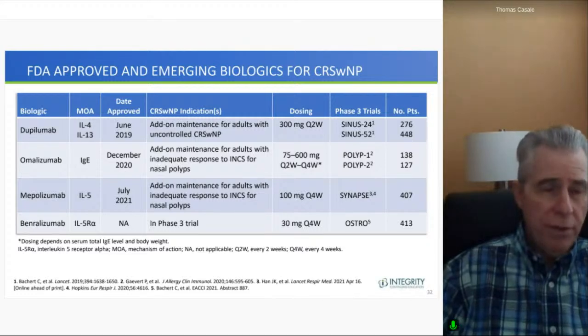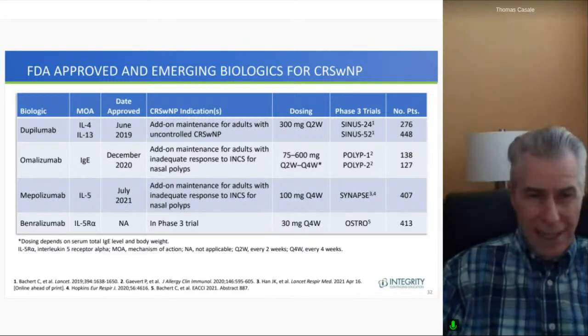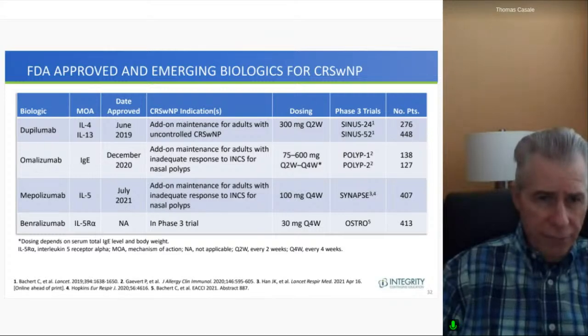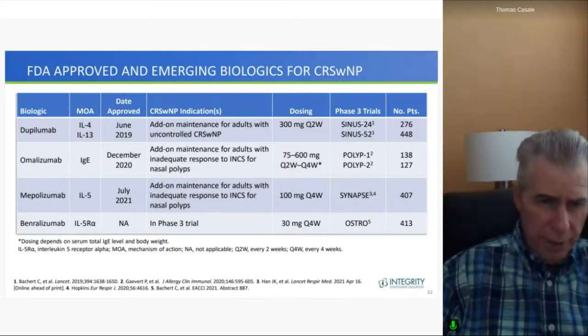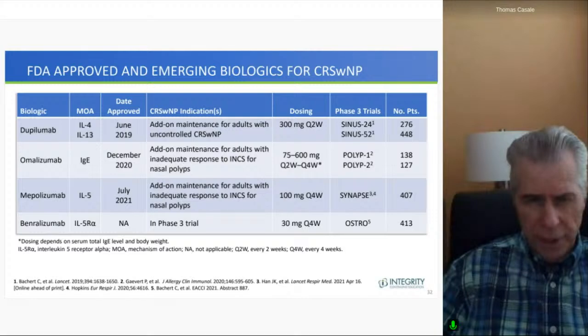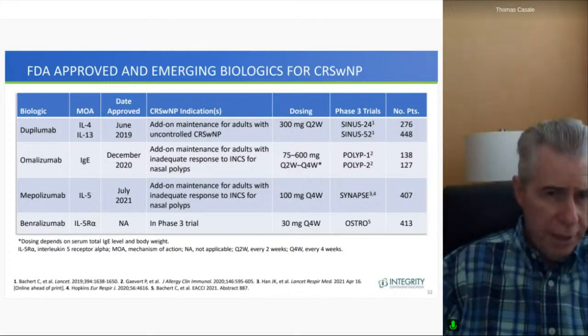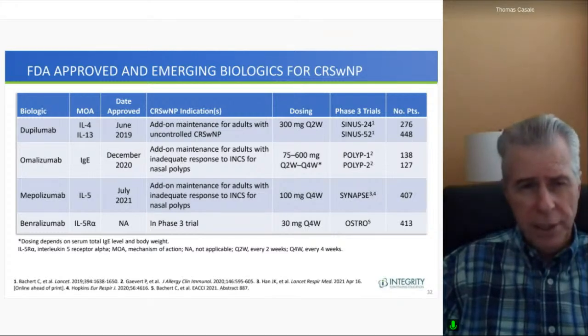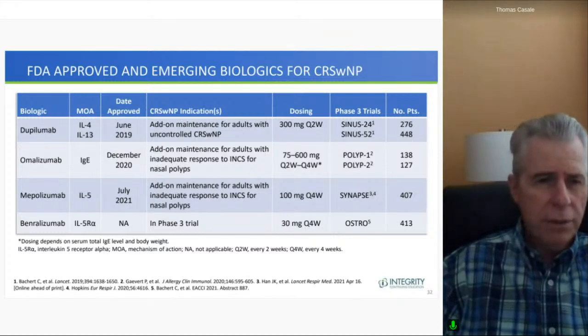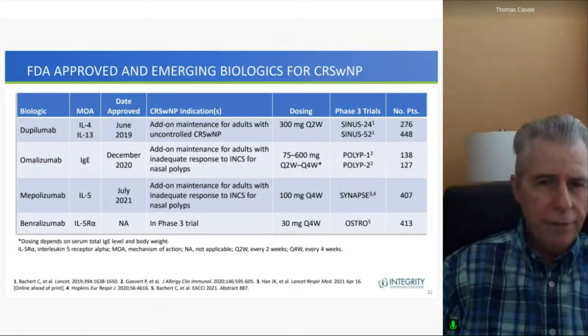Omalizumab, of course, has been around for a long time, and it blocks IgE. And mepolizumab is the most recently approved, but it's been around also for a long time for the treatment of asthma, as it is a monoclonal antibody against IL-5.